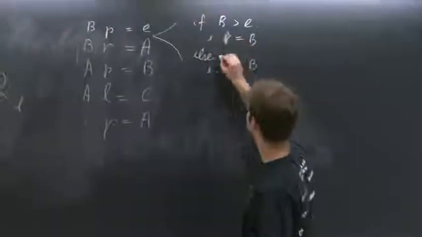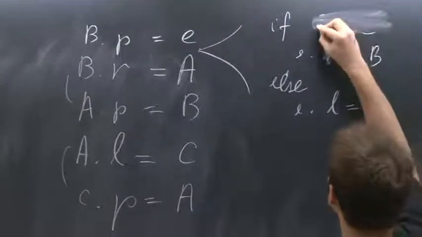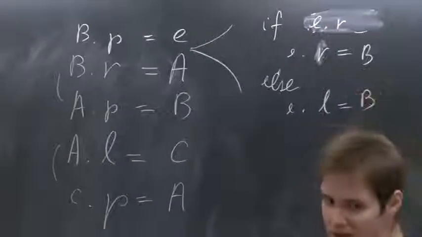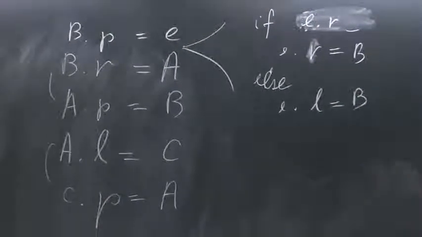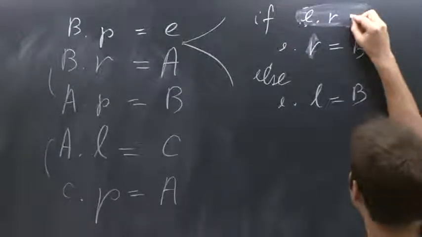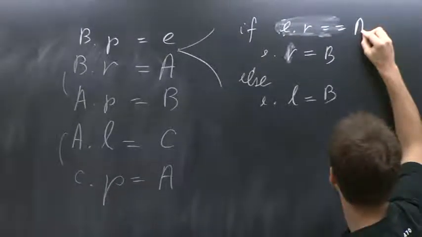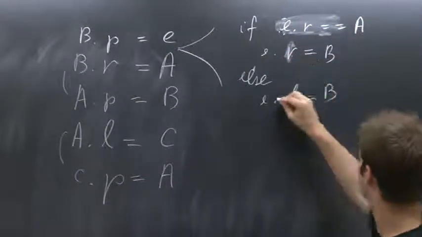Yeah, I haven't changed the child yet, right? So I can do that. No key comparison though, right? Now I'm doing a pointer comparison and not a key comparison. If E.right is A, then E.right becomes B, otherwise E.left becomes B.